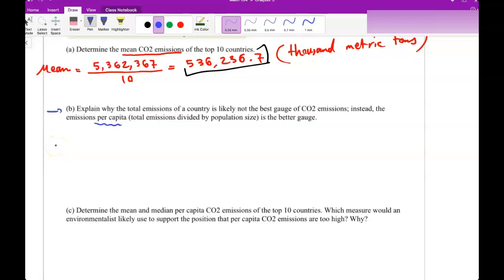That's because it is related to what the population is, so it's dependent on population size.